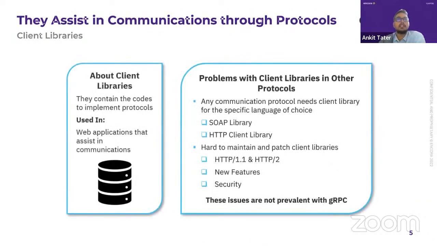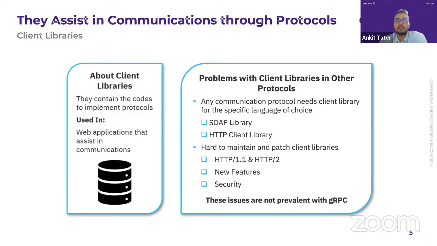Okay. Next, we'll talk a bit about client libraries and what the problems with client libraries are. Right? For using any of these protocols, like for example SOAP or RESTful APIs, you need a client library on the client side, which helps you to communicate with your server.